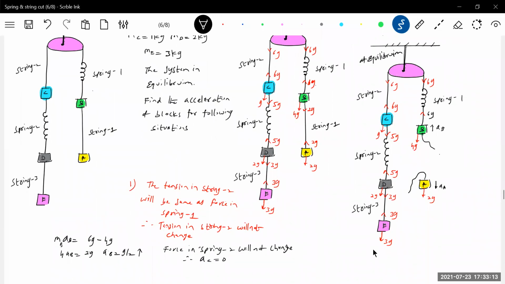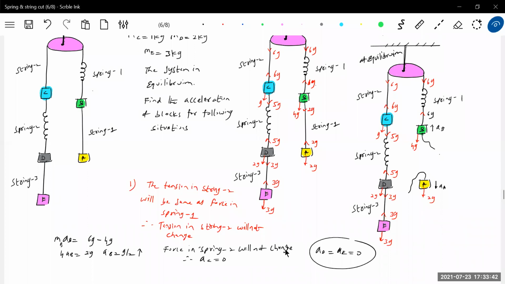They will be at rest only. They will continue to be in inertia of rest. Only this will have inertia of motion. Only B and A will change the state. C, D, E continue to be in their state of rest. This is what happens when string 1 is cut.